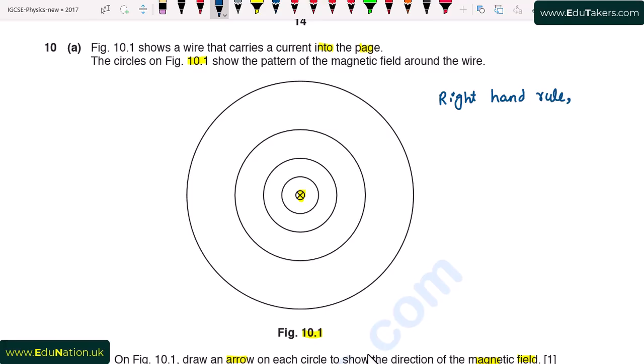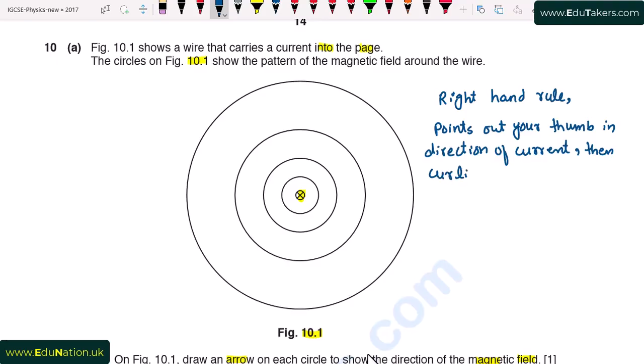I write here points out your thumb in direction of current, then curling fingers show the direction of magnetic field.